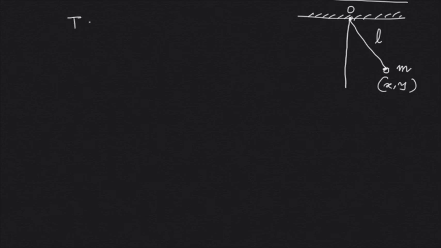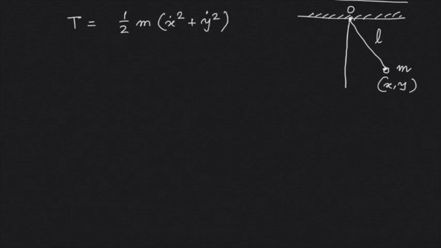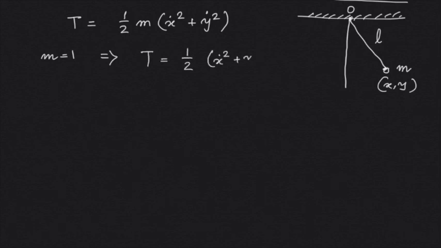So my kinetic energy is half m times x dot squared plus y dot squared. Let us choose m equals 1 just for simplicity. T equals half x dot squared plus y dot squared. And what is my V? It is minus g y, right?